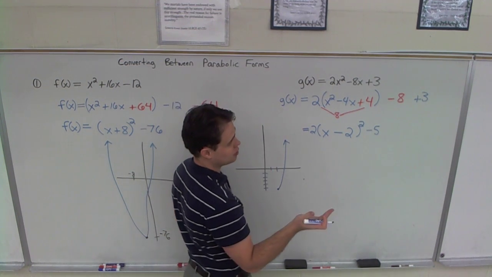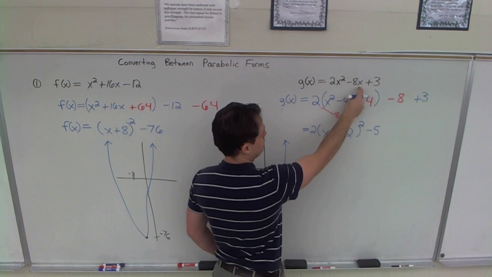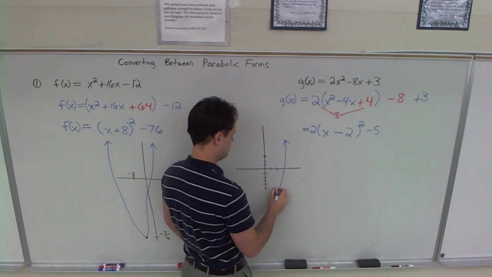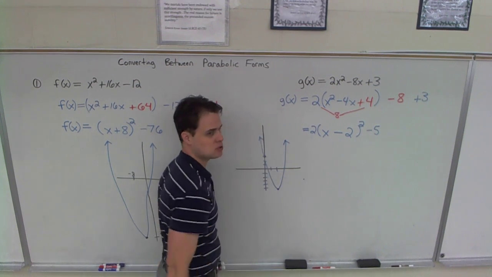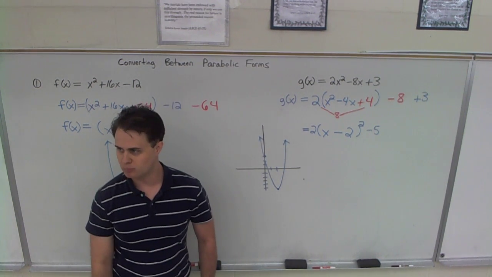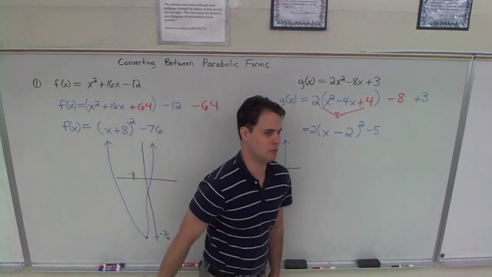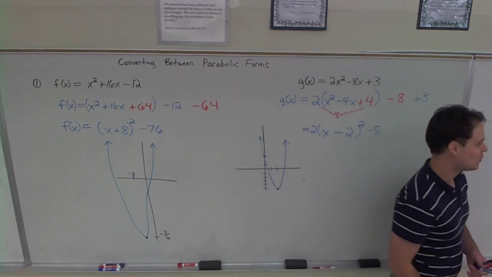How much steeper? Well, we can find the y-intercept. You can see that it's supposed to be a little bit steeper there, right? A little better than that one, I think. All right, I'll see you next time.